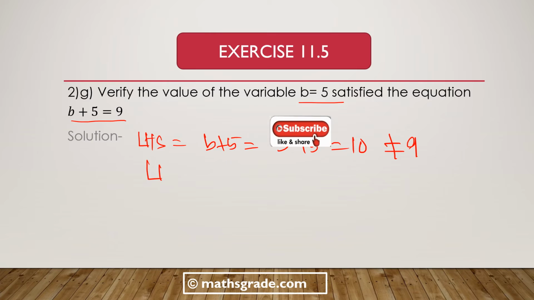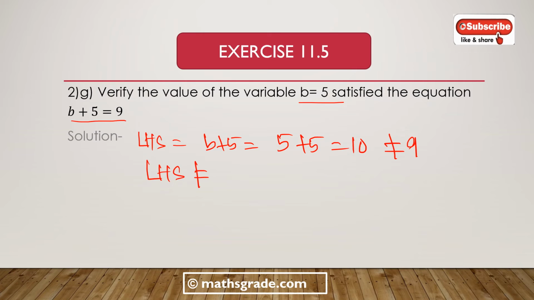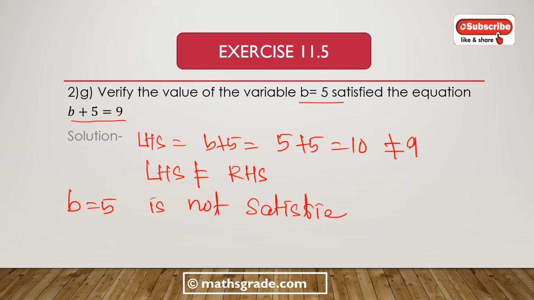So the left hand side is not equal to the right hand side. So B equal to 5 is not satisfied with the equation B plus 5 equal to 9.